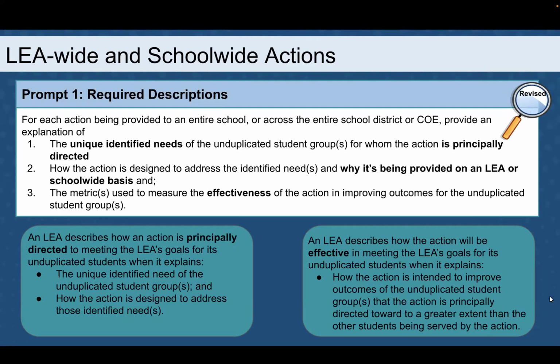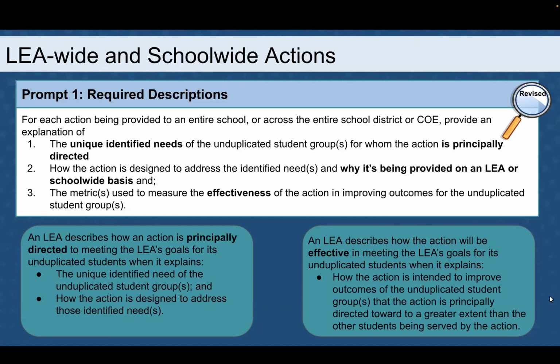Unique identified needs was not there in the previous LCAP instructions. And while it has always been an expectation for the district to show why an action is being provided on an LEA-wide or school-wide basis, it's more explicit now in the instructions to the new LCAP.